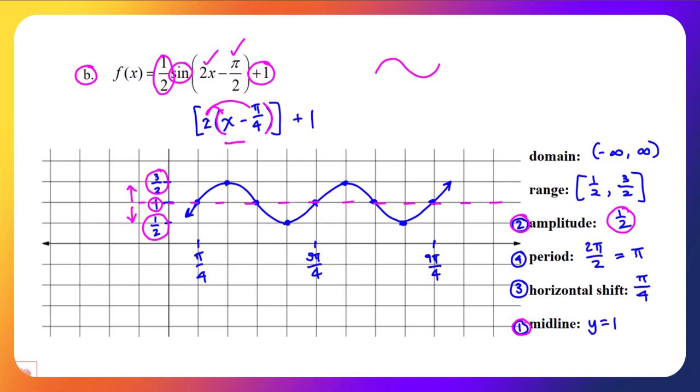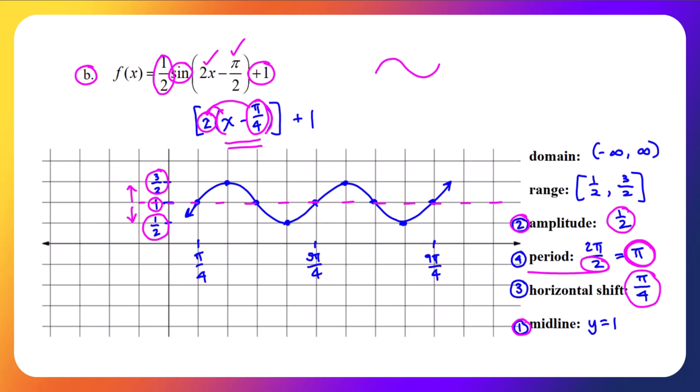And that's how we factor the 2 out. So that the b value is 2, period is 2 pi over b, it's 2, so our period is going to be pi. And our shift is going to be pi over 4, positive or to the right pi over 4.